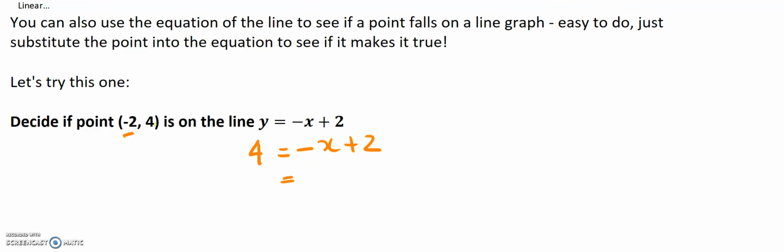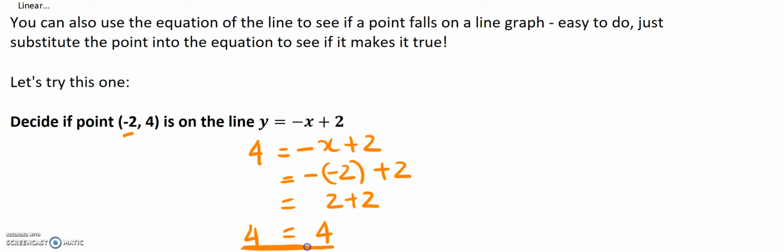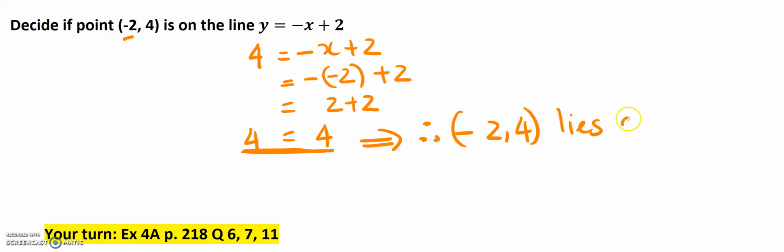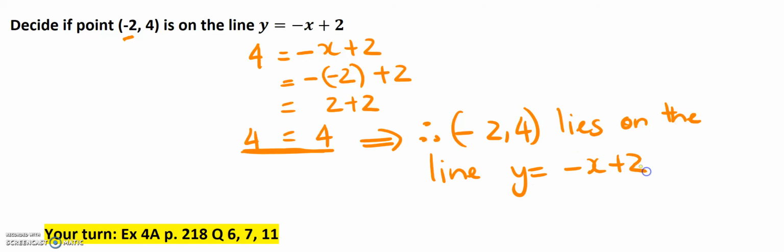Our x value is -2. Negative of -2 is 2, plus 2, and that is equal to 4. So if they are equal, this shows, therefore, that (-2, 4) lies on the line y equals -x plus 2. You need to make sure that you state that. Very important that you state that.